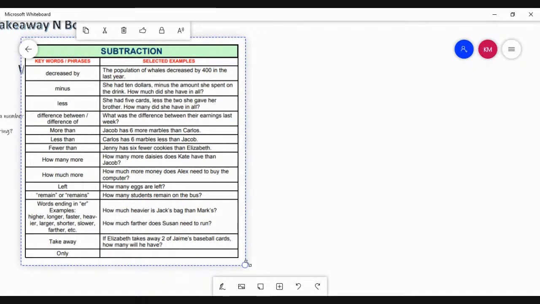Perfect. So now, key words that will help you with subtraction.